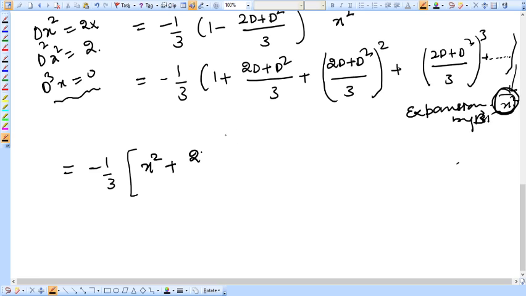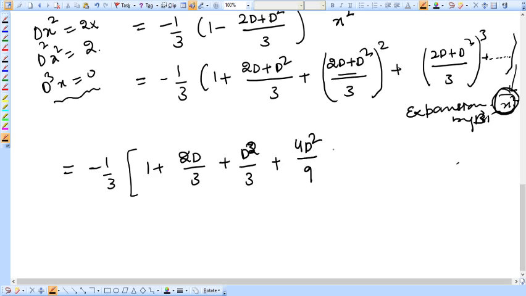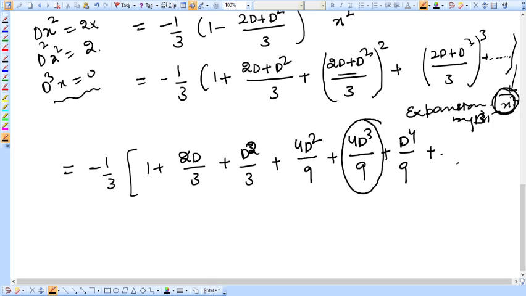So we can also write this in this form: 1 plus 2D divided by 3 plus D square divided by 3, plus, from here we are going to get, 4D square by 9 plus 4D cube by 9 plus D4 by 9. So we are not going to write the higher terms. Why?